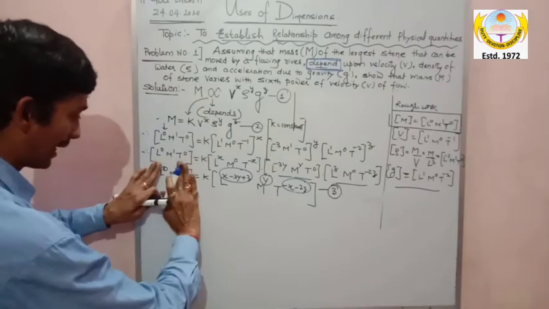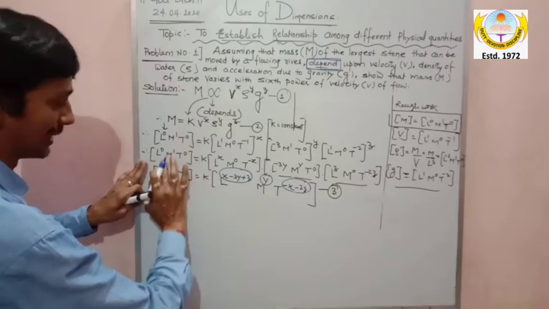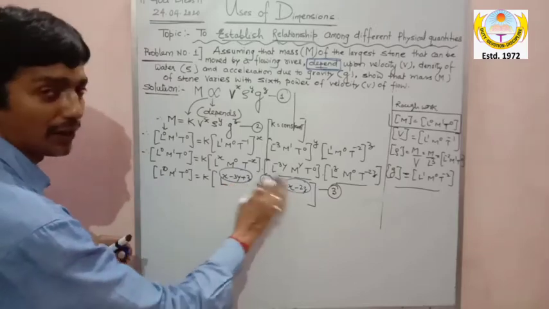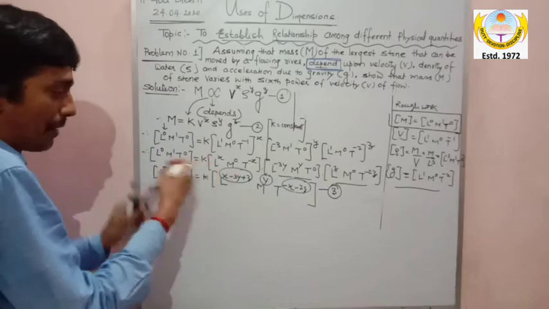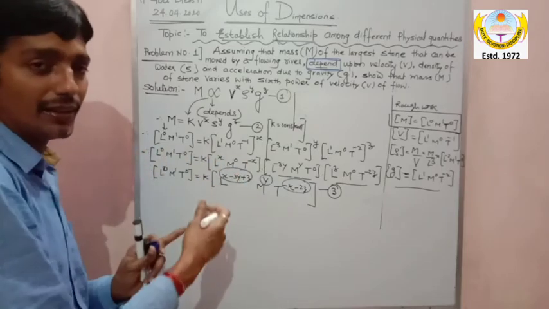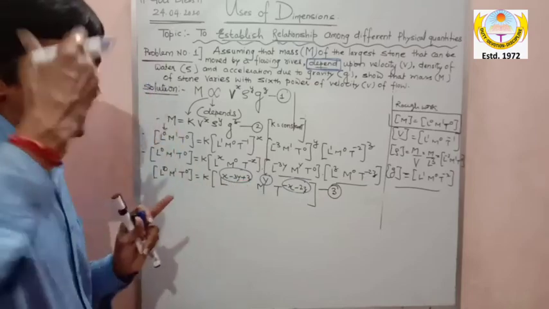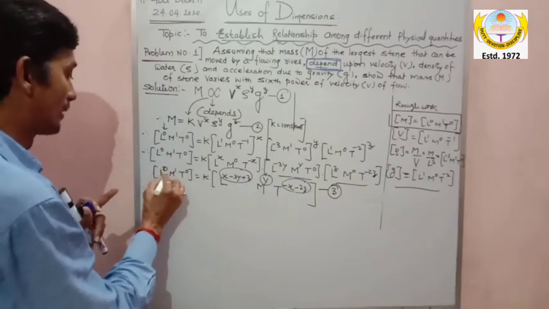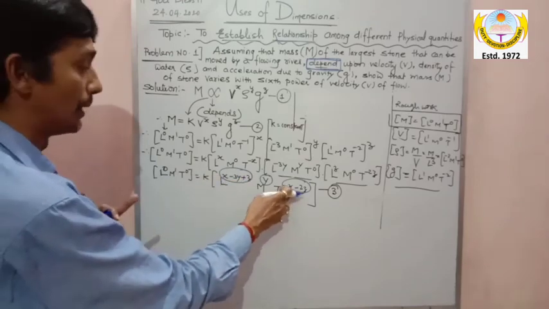If you don't write L0 and T0 because it is mass, then when there is a power of L and T on the right hand side and no L and no T on the left hand side, the power comparison will be difficult. Since you are a good child, you can visualize that there is no power of L on the left hand side, meaning this power of L will be equal to 0, and the power of T will also be equal to 0.